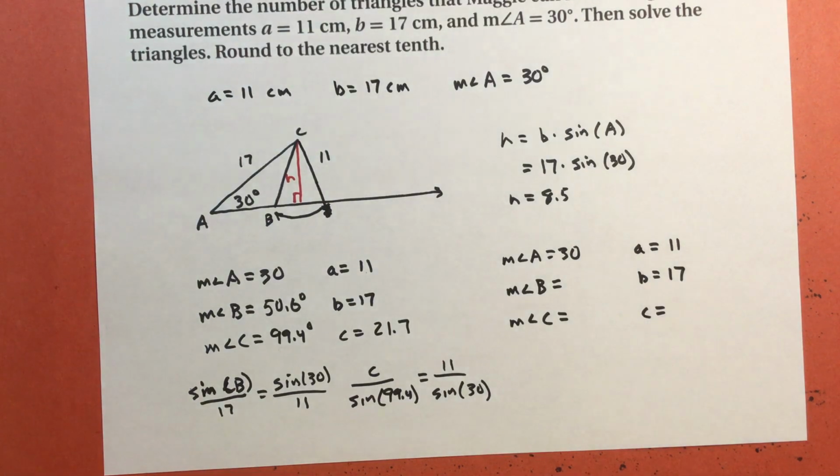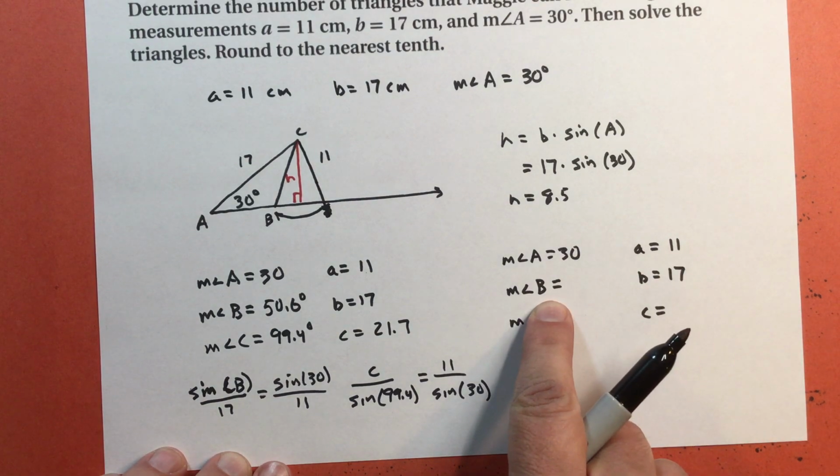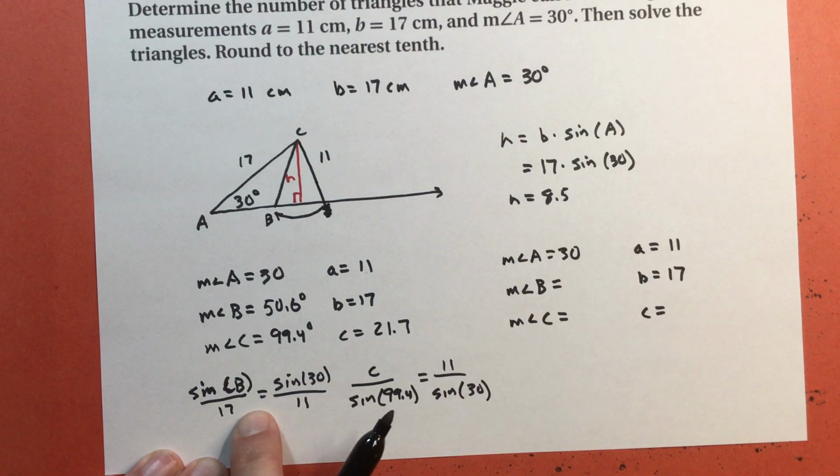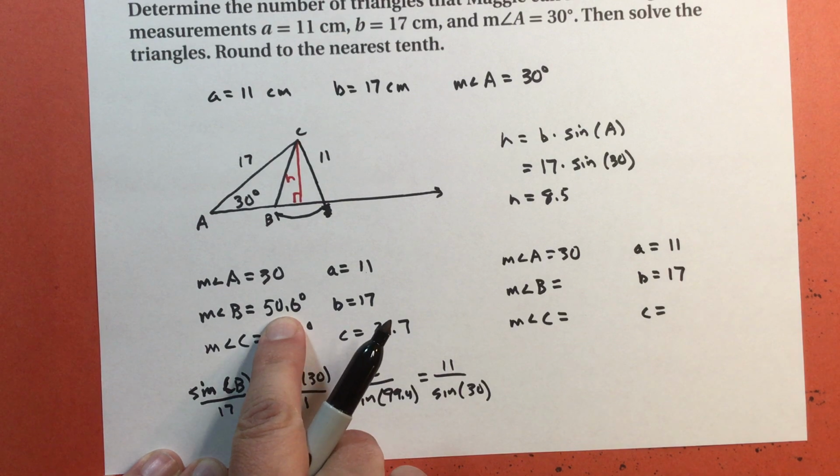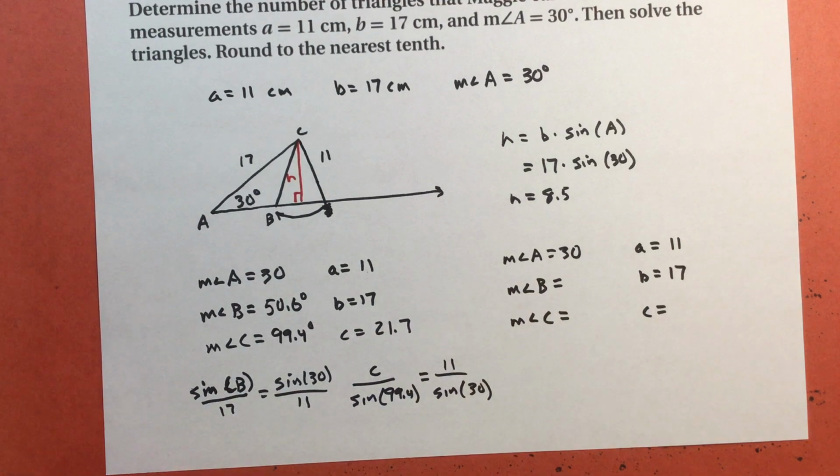Now, you're thinking, okay, if I set this up to solve for angle B, it's going to give me exactly what I got here, which is not going to be different. So look at the picture.